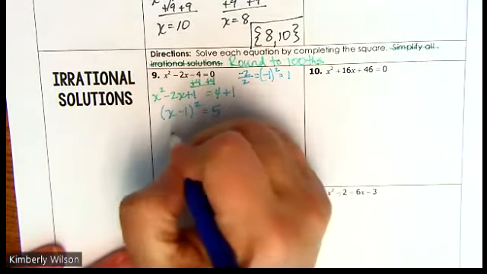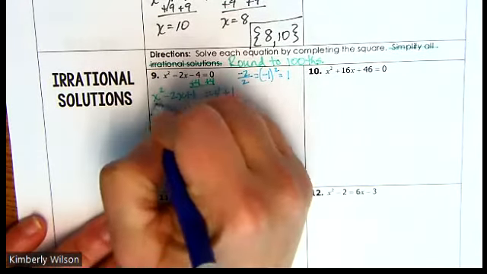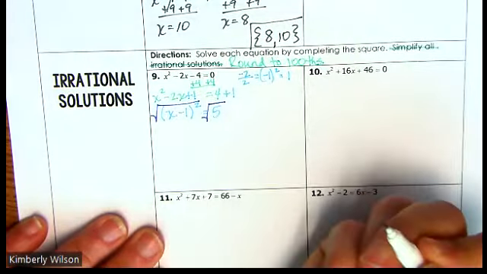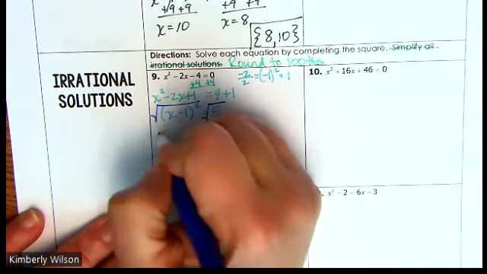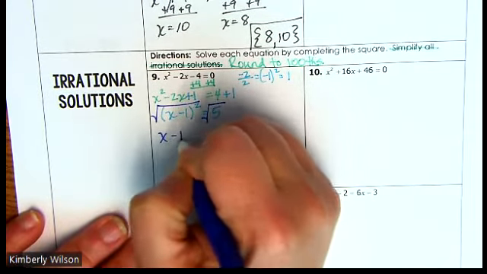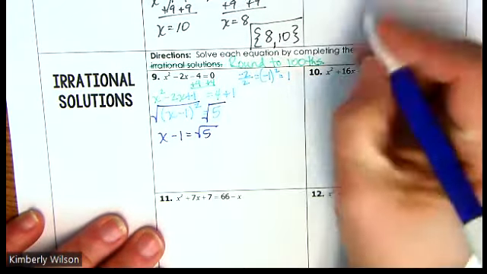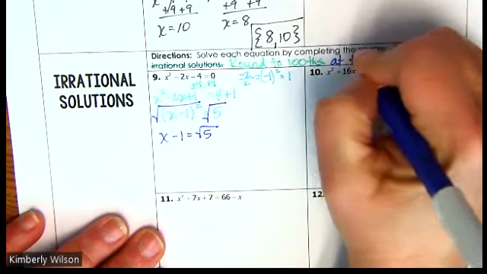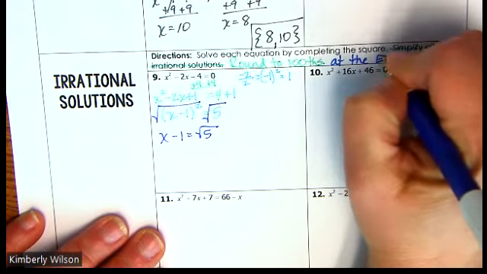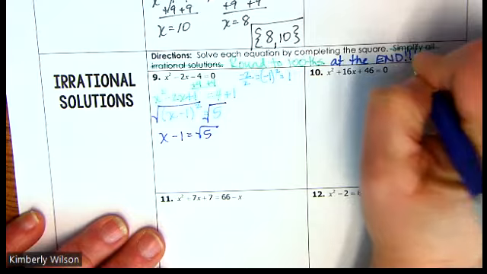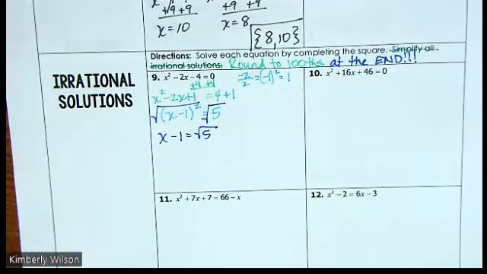So we take the square root of each side. So I'm going to have x minus 1 equals the square root of 5. Do not round. It is at the end that you round to the hundredth.